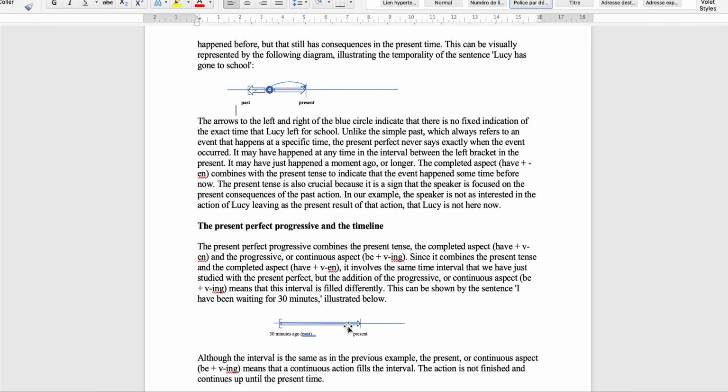Now this means there's going to be a compatibility between the present perfect simple and the types of events that don't last long and have a clearly marked ending, and those that don't. So for example, we could say sleeping, right? Notice sleeping, in theory, I could sleep forever.